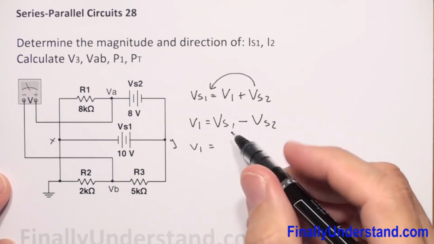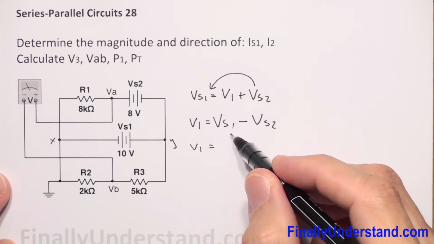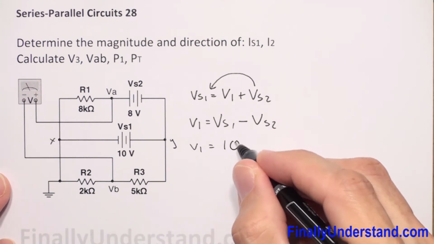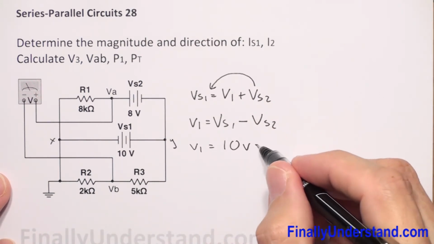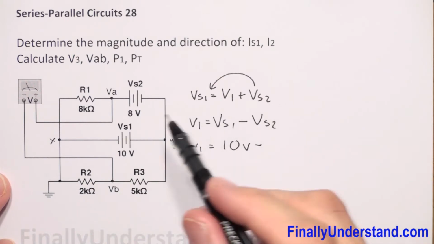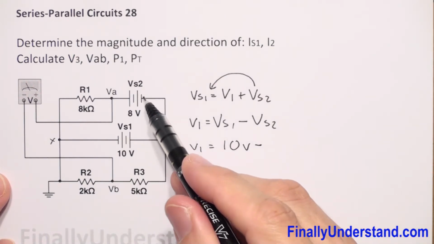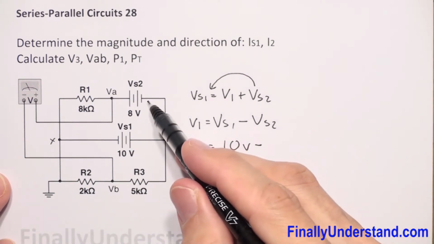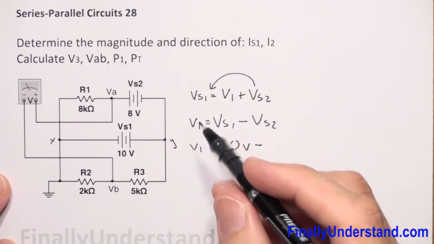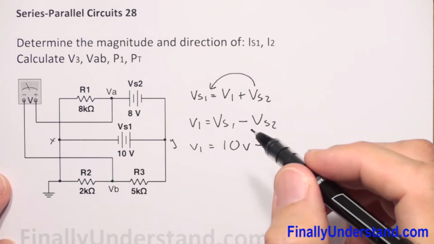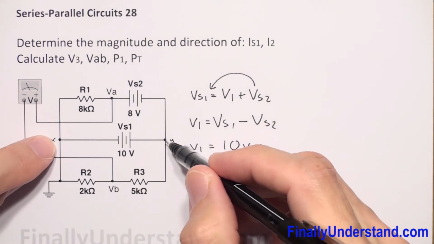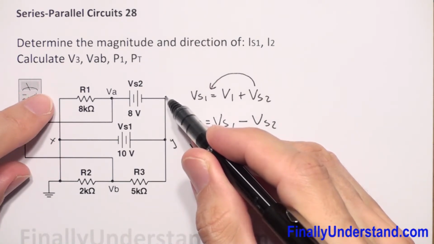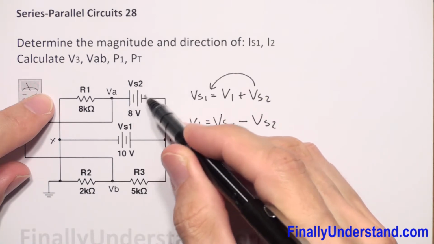So V1 is equal to voltage source 1, which is 10 volts, minus, and in this case I have voltage negative 8 volts. Why is it negative 8 volts? Because this is my voltage source 1, and I'm supposed to subtract this voltage.